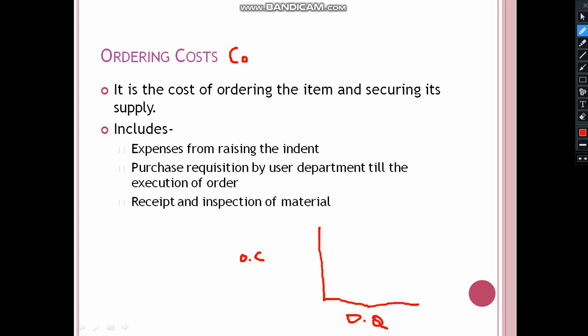Now if you try to draw a graph, you will see that as you are increasing the quantity, your ordering cost will reduce. It is but obvious. Now the vendor has to send one vehicle in which he will send you the raw material. Now if that vehicle is half filled, then too you have to pay the complete remuneration to the transporter.